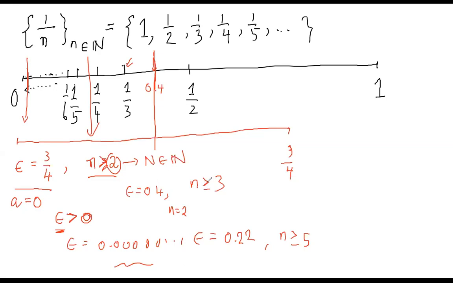As long as you can find a threshold such that for all the subsequent numbers exceeding this threshold, they will be bounded by this value that you set, then you can be sure that towards the end, your sequence will converge to that particular value.